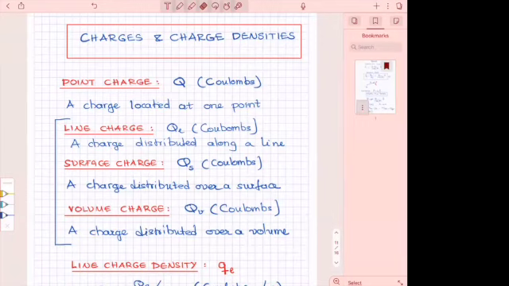Then we introduced the electric flux density. From there, we introduced Gauss's law. And then we showed that from Gauss's law, if I use the divergence theorem, I can find that the divergence of D is equal to Q.